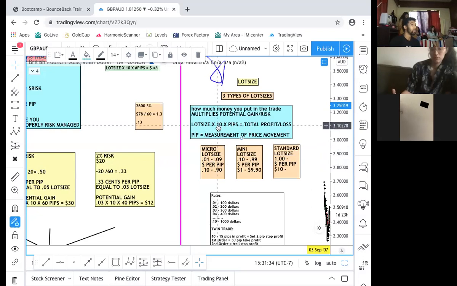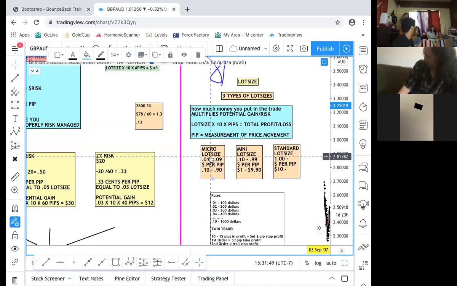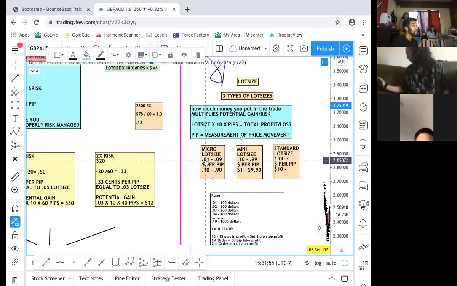We can't figure out how much we're going to make or lose based off just the lot size, because it's not a dollar amount. It's just a representation, like an X or a Z. So we have to figure out what that is in a dollar amount.